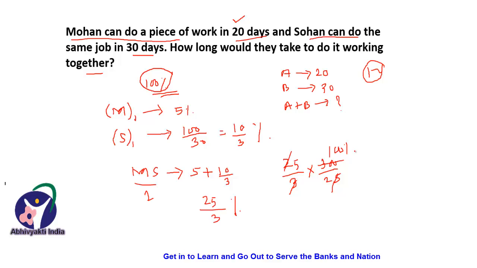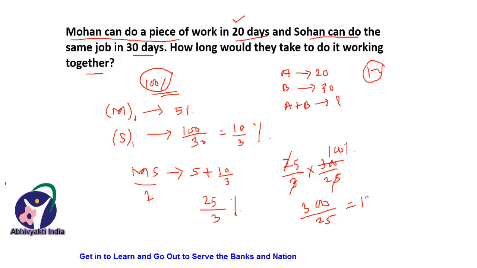To complete the work of 300%, we will require 300 divided by 25 days, which is equal to 12 days. So Mohan and Sohan together will finish the 100% work in 12 days.